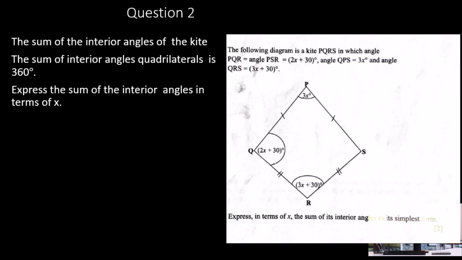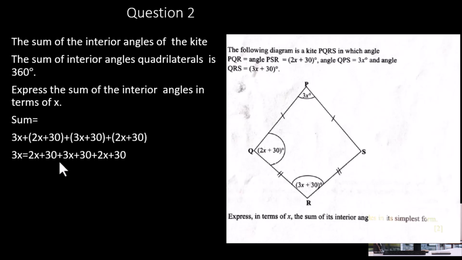How are we going to express this? We're going to add all our elements, which is 3 open bracket 2x plus 30, plus open bracket 3x plus 30, plus 2x plus 30. When we work out what is in the bracket, we remove the brackets, then we collect our like terms.